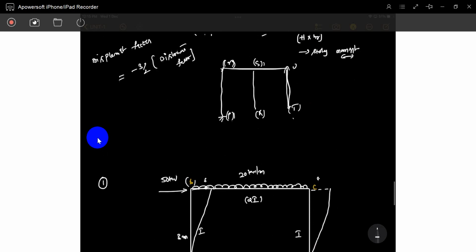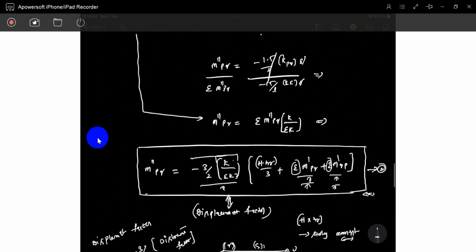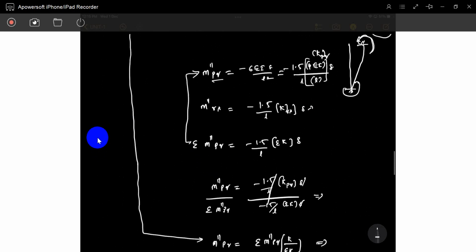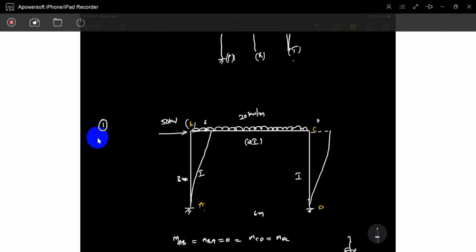What is the stiffness and the sum of the stiffnesses? Just observe it. It's PQ, RS. So PQ means the columns AB, DC, or if any other column is there, EF.